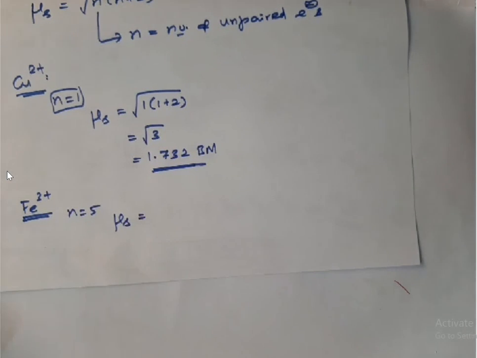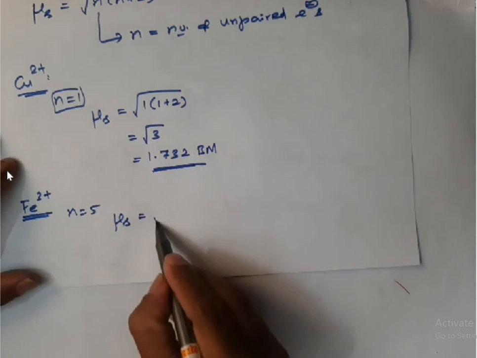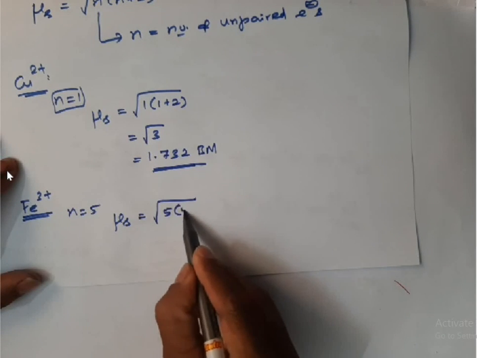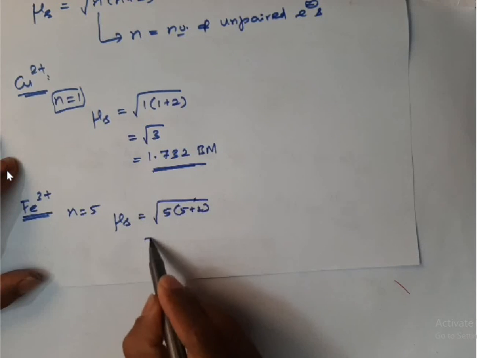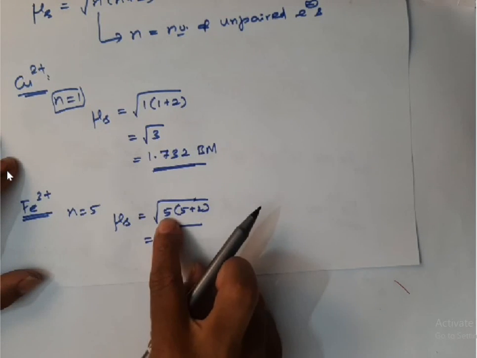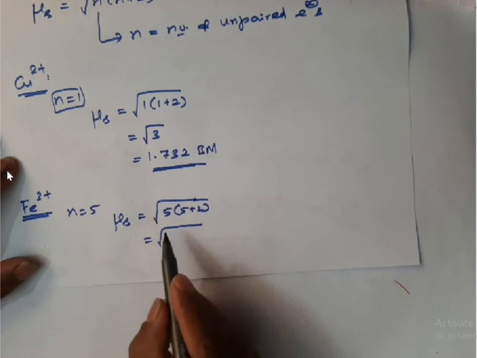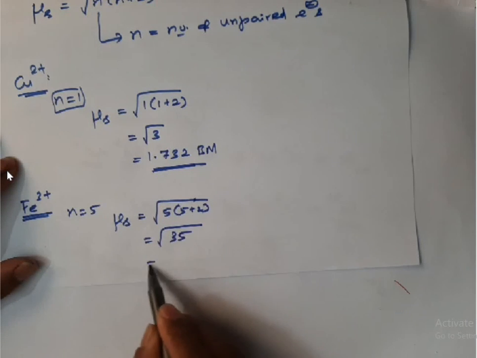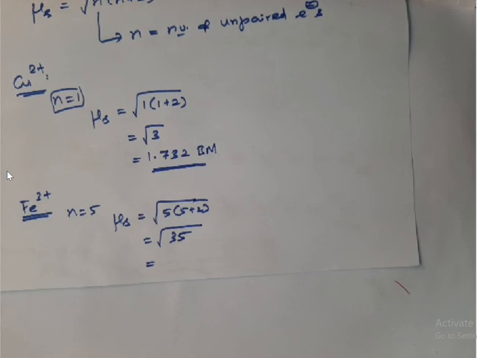Use this formula. Root of 5 into 5 plus 2. What's the value? 5 plus 2 is 7. 7 into 5 is 35.